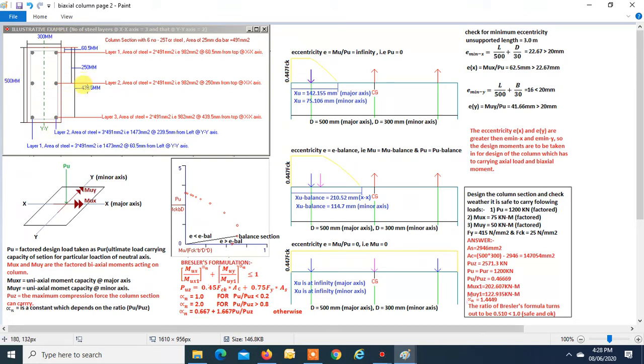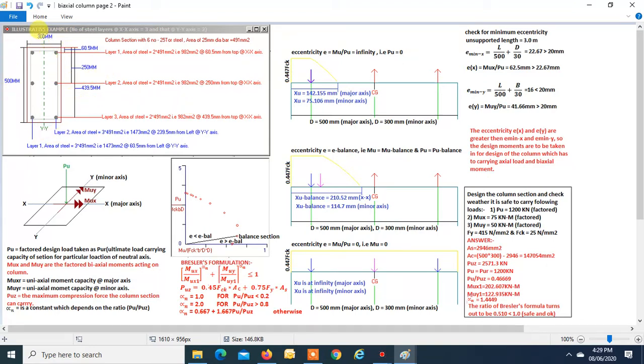We will take the column as reinforcement equally distributed on all four sides. It is the spacing; the steel is not exactly equally distributed on all four sides, but still the results obtained will be much closer to the actual results obtained for this column.